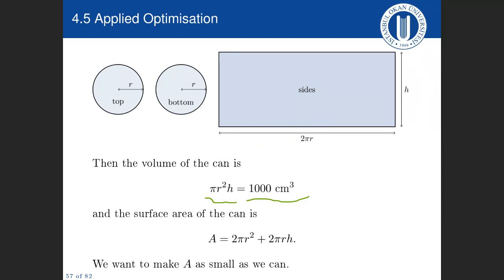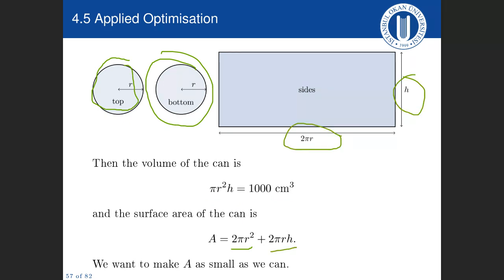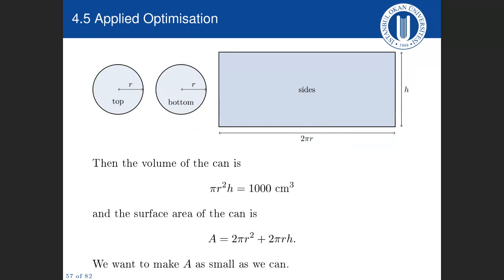That's the area of the top and the bottom multiplied by the height H. And the surface area of the can, well, we have pi R squared for the top, pi R squared for the bottom, so 2 pi R squared, and then for the sides, 2 pi R multiplied by H. The volume is fixed at 1 liter. We want to make the surface area of the can A as small as we can.